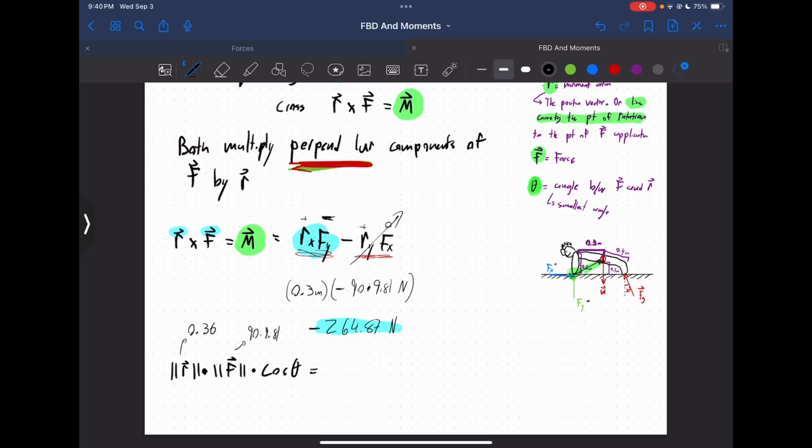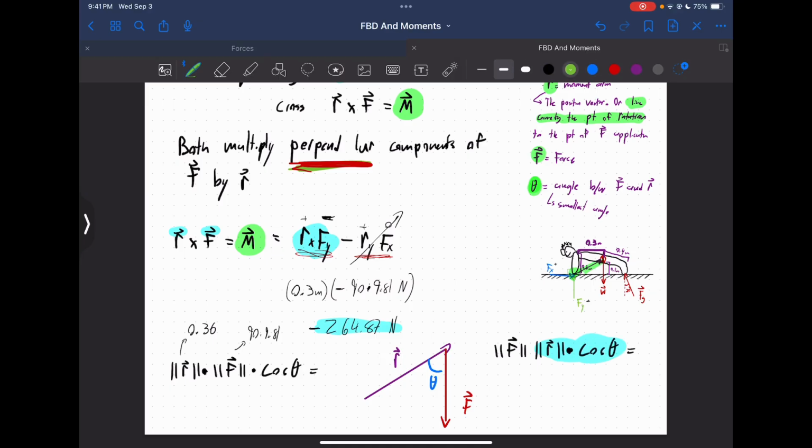So let's draw it out. We have our r vector and our force vector, exactly what we had before. Now, if we have an angle of theta and we rearrange this equation and we move the r in there, and we notice r cos theta.